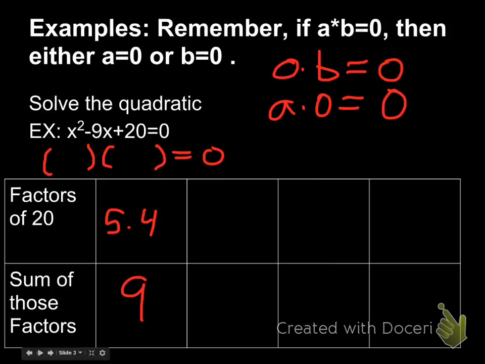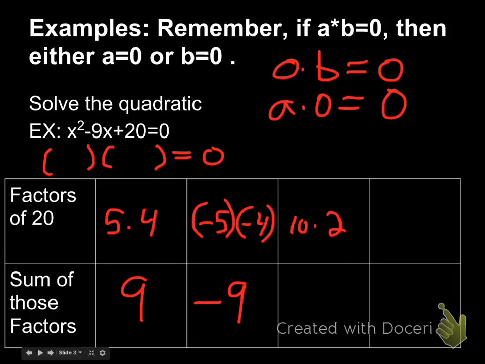Okay, so how about negative 5 and negative 4? That gives me positive 20, and when they add together, that gives me a negative 9. Winners! We could have tried things like 10 times 2, but that would have added to 12.